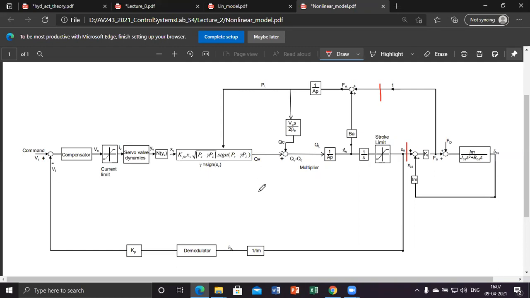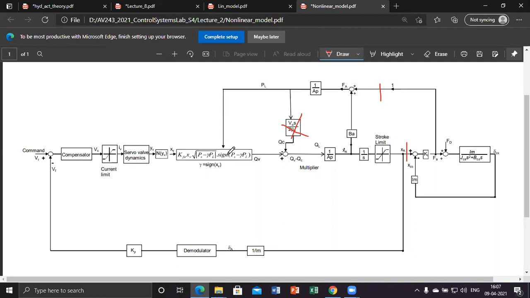Here it is something even more than that. Consider for the time being that you discard this portion and consider only this portion. There is an algebraic loop here. QV comes multiplied by 1 by AP, then multiplied by BA, then divided by AP, and comes back here. And this is a static relationship.